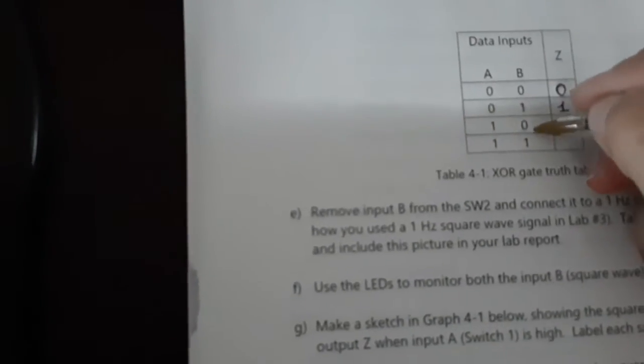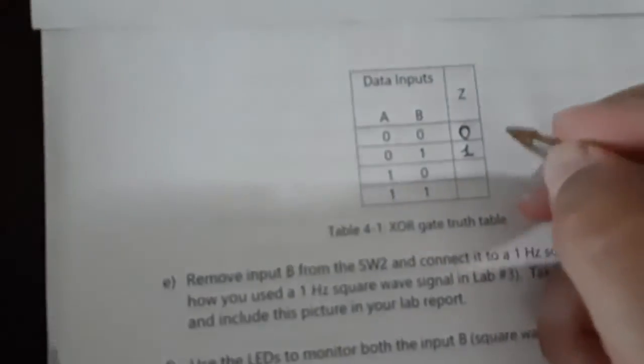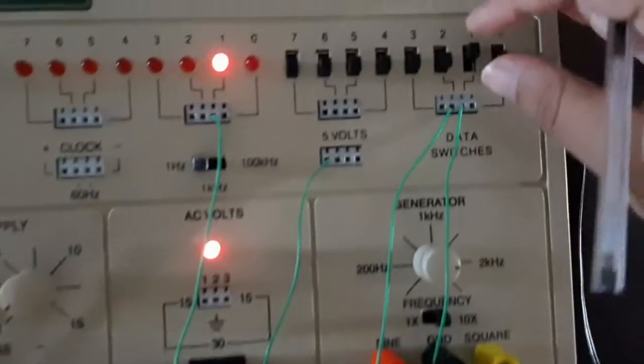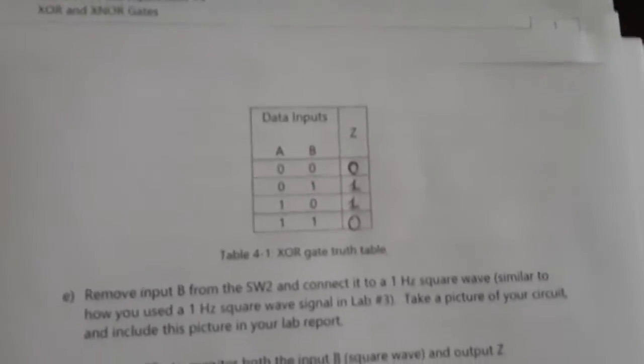Now we have 1, 0, and my LED has also turned on, so this is 1. Next is 1, 1, and my LED has turned off, and that is the truth table for the exclusive OR gate.